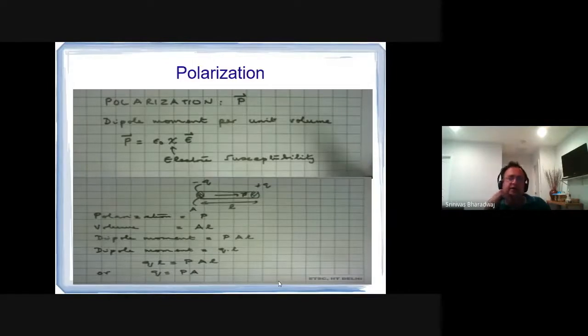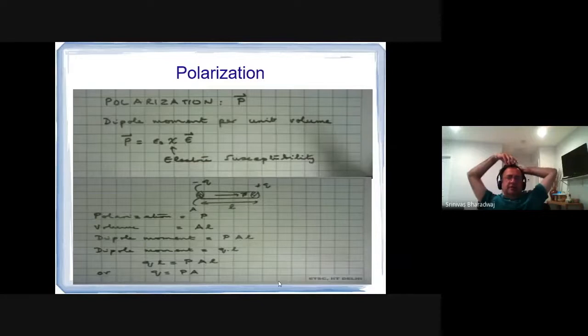The dipole moment, as all of you know, is defined to be q times 2a, where 2a is the distance between the positive and negative charge. So in this case, if q is the charge, you can write the corresponding dipole moment as P times A times L, based on the polarization. If the polarization is P, epsilon naught chi times E, the dipole moment is P times A times L, where A times L is the volume.